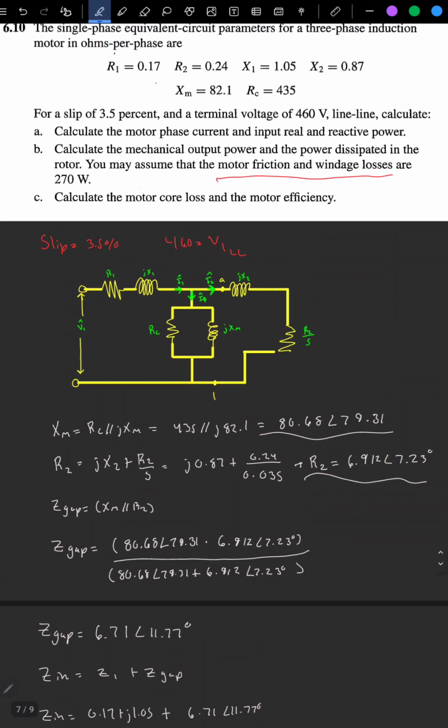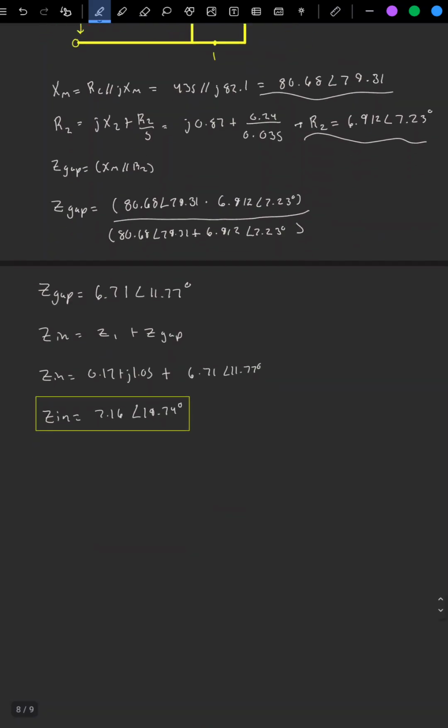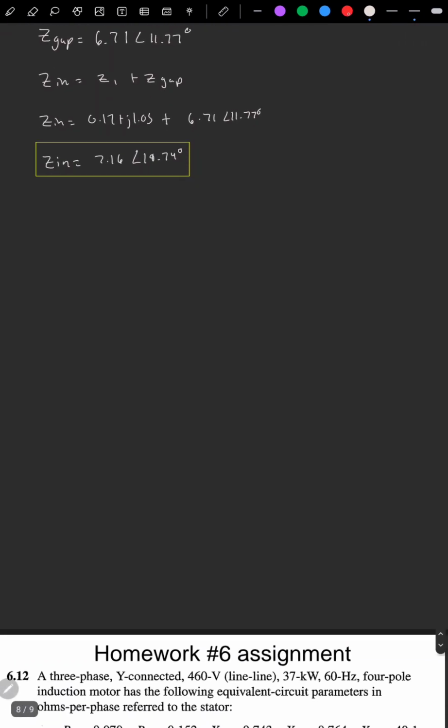So we have to find the motor phase current. Well, we've got to find I1. Motor phase current is asking for I1. I1 is always just going to equal voltage over impedance, where we have our V line to line over our Zin, but it's per phase, so we need to make it V phase over Zin, which basically means you take your 460 line, convert it into phase, and divide by what we just found.